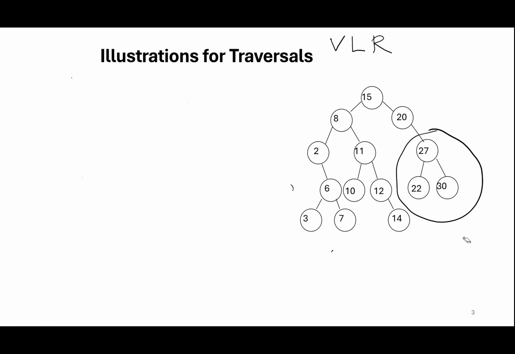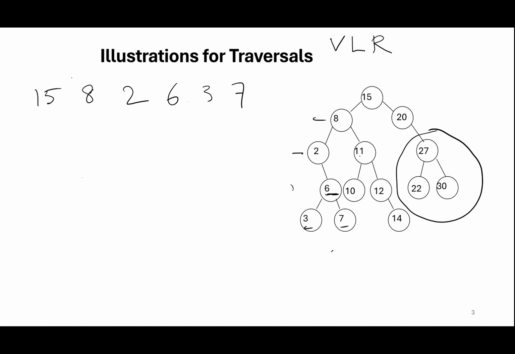I visit 15 first, then I go to left. My left has 8, so I visit 8. Then I go to left again, and my left doesn't have any left, so 2. And then I go to right, but once I go to right, I do a visit first, and then left, and then right. Right, 3, 7.